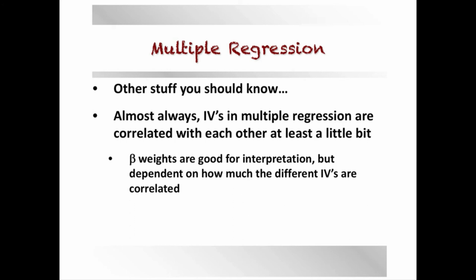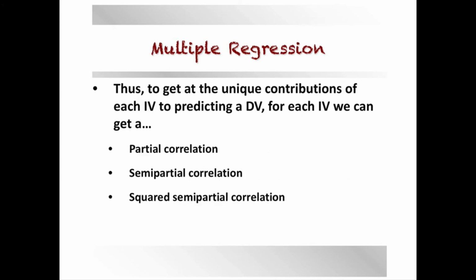However, it's very rare, especially in psychology research, to have two IVs that are completely or almost completely uncorrelated with each other. As long as the correlation between them is less than 0.9, we can still run the regression by our multicollinearity rule. But if the correlations are somewhere between 0 and 0.9, the betas depend on each other a little bit. For example, if you take one IV out and put the other one in, it changes a little bit what the interpretation is.